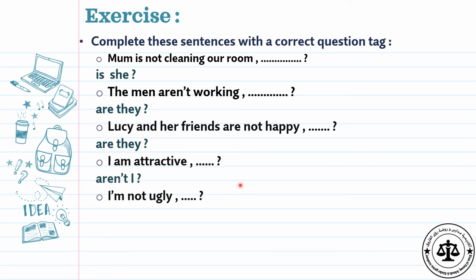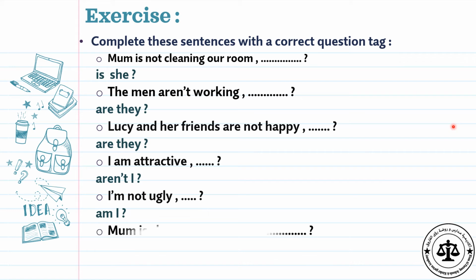Bravo, aren't I. حكينا ال I إذا إجت positive ما بنستخدم am نستخدم aren't I. I am attractive, aren't I. I am not ugly. It started with I, but we have negative here, not. So the question tag should be, I am not ugly, am I?